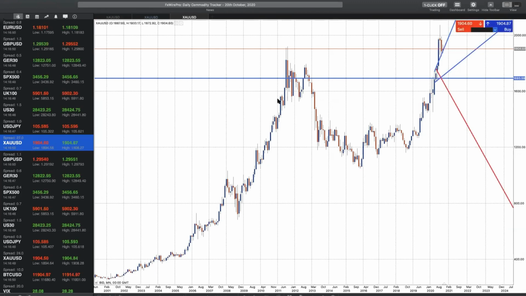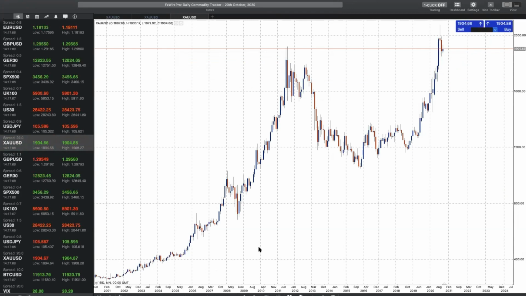Sure. I think one thing is clear, though: the trend for gold has been bullish, and we did see a decent sell-off when coronavirus first hit the markets in March, and then that sell-off didn't really last very long. So perhaps if gold does go down, we may see a similar reaction.